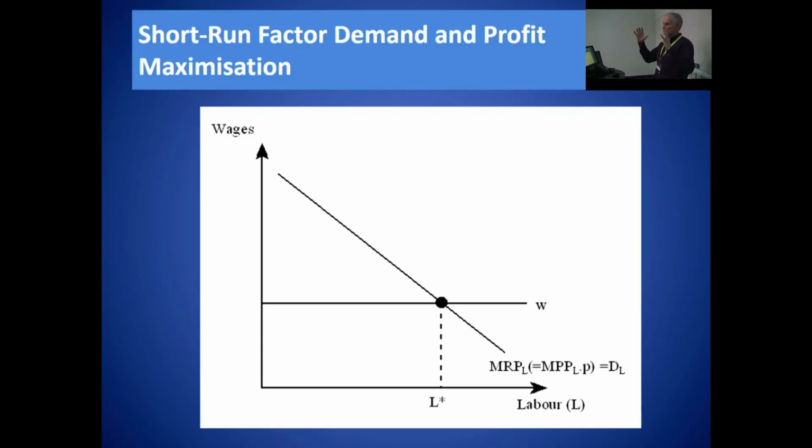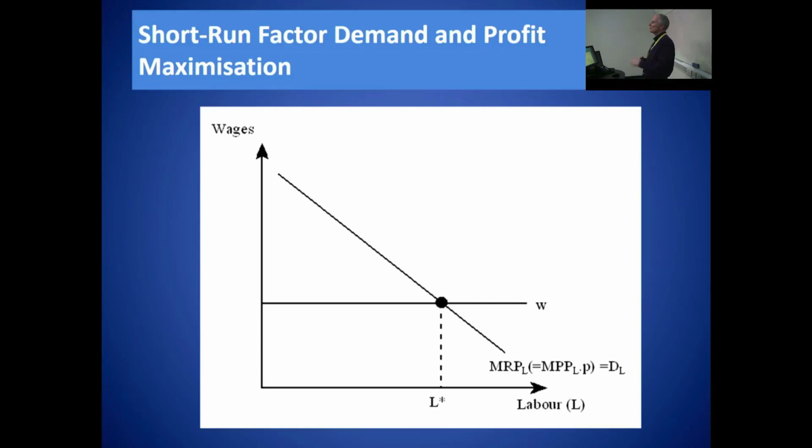Now what I want to do is bring this all the way round to that very first thing I said. And I want you to think about that diagram intuitively. We said a firm will continue to employ labour as long as it's profitable to do so. What does that mean? It means what it costs to employ the labour is less than the value of output.